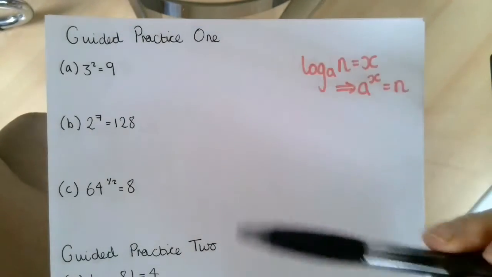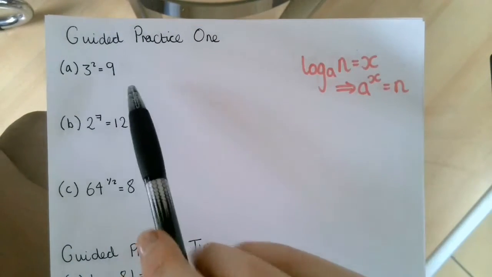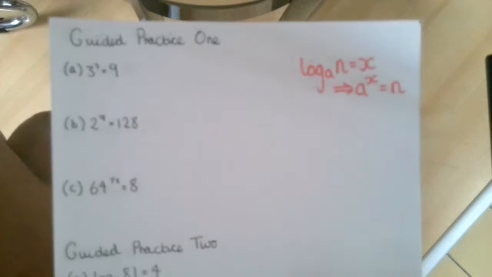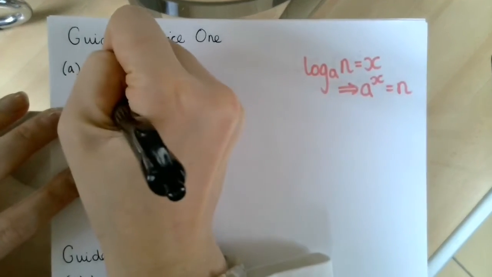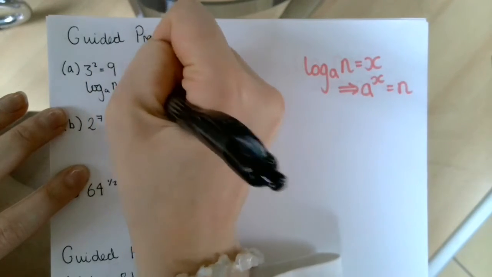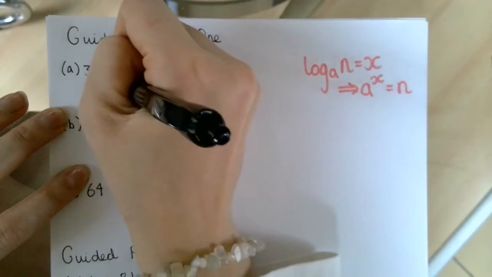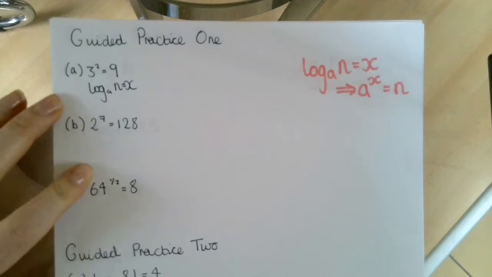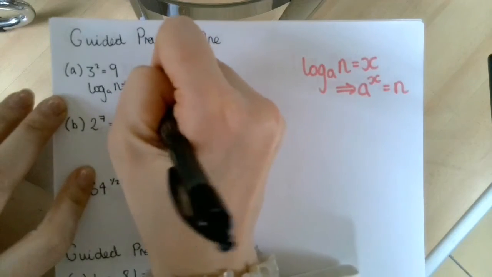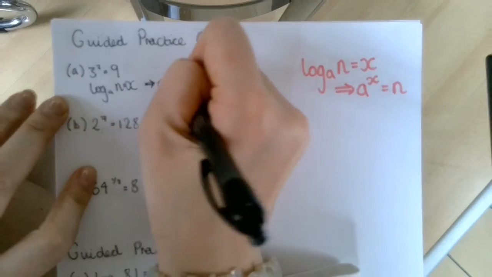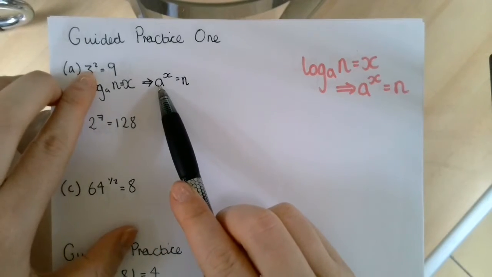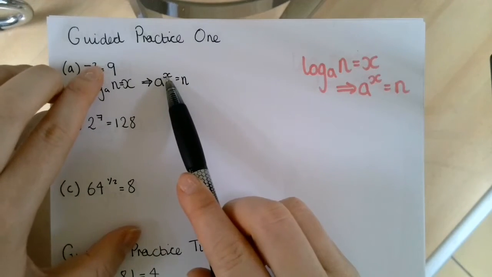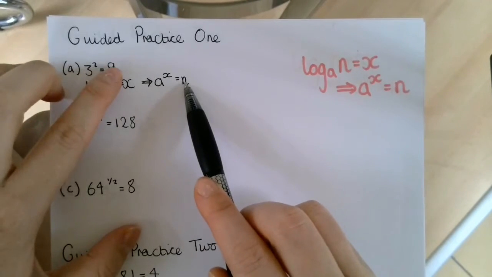So the first example we're going to look at, we've got 3 squared equals 9. So if we know that log base a of n equals x implies that a to the power of x equals n. Well, here we've got a is equal to 3, x is equal to 2, and n is equal to 9.